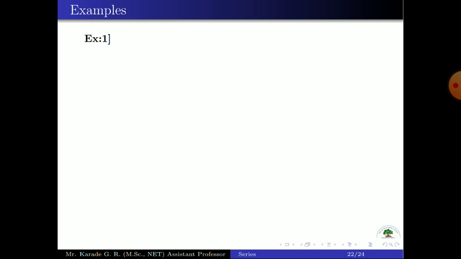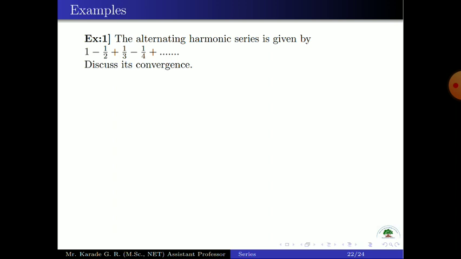Okay, let us take one example. The alternating harmonic series is given by 1 minus 1 half plus 1 by 3 minus 1 by 4 plus dot dot dot. Discuss its convergence.